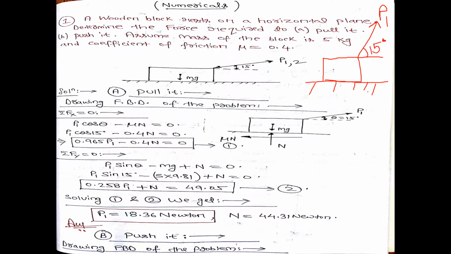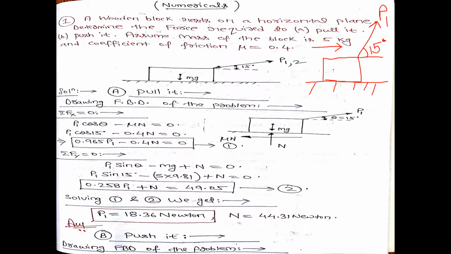From the diagram it is very much clear that the motion of the block will be in this direction, because if you pull this body at this particular point, the body will be moving along positive x direction.